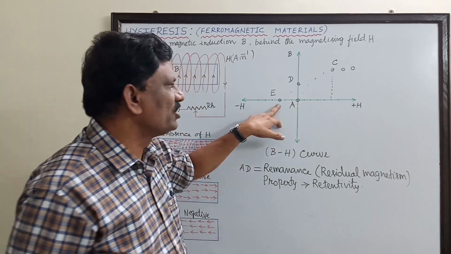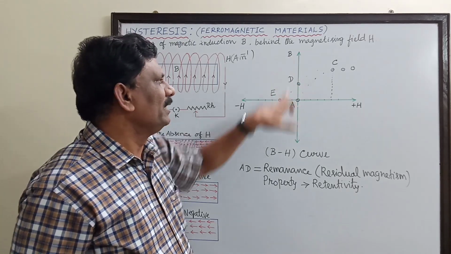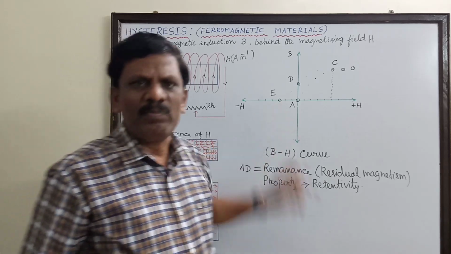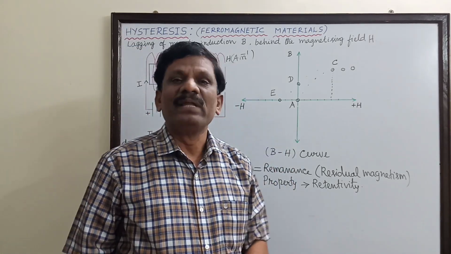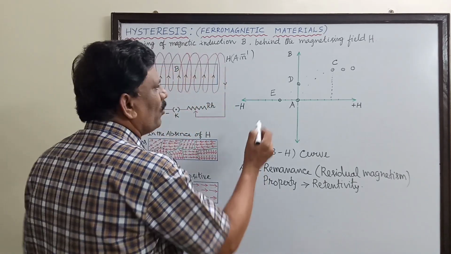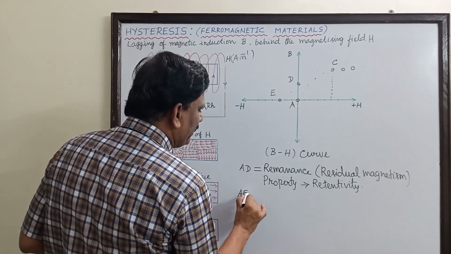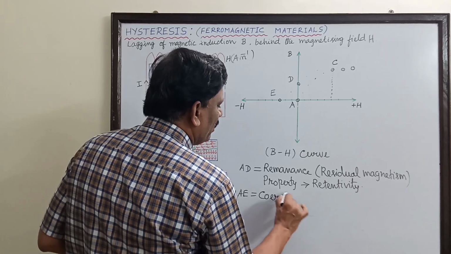So the value of H is negative at this point E, and the value of B is 0 at this point E. So I have brought the residual magnetism back to 0 by applying a negative magnetizing field, and this portion AE is called as a coercive field.